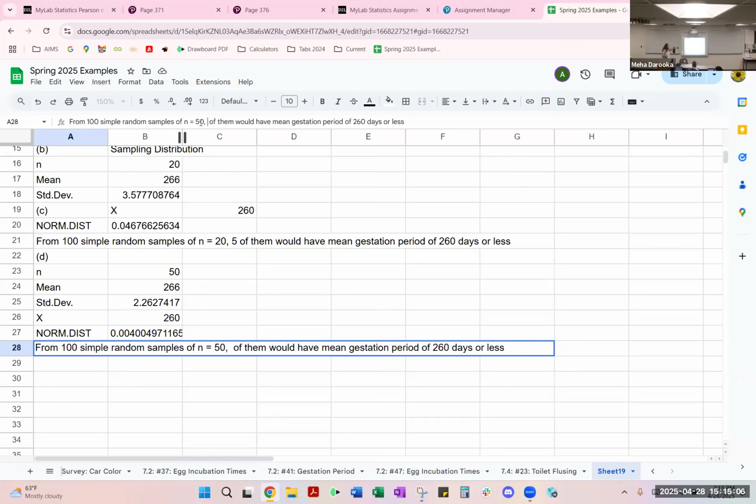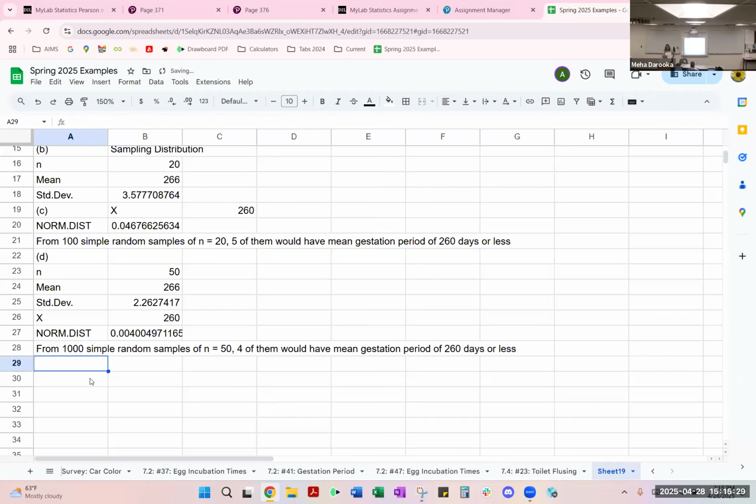What does that 0.004004997 become? 0.4. So you either do 0.4 or you increase your sample to 1,000, and we can say from 1,000, only 4 of them will have a mean gestation period of 260 or less. If they wanted you to keep 100, then it would be 0.4.